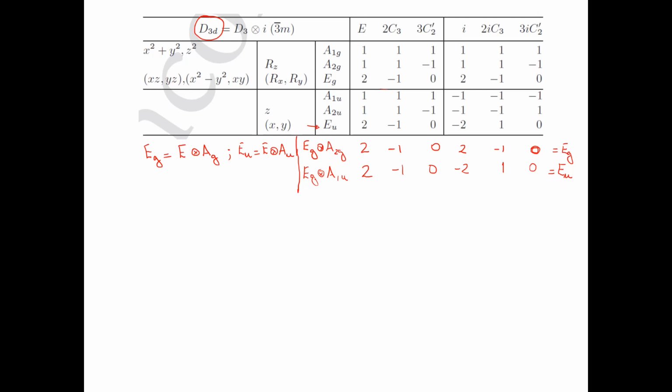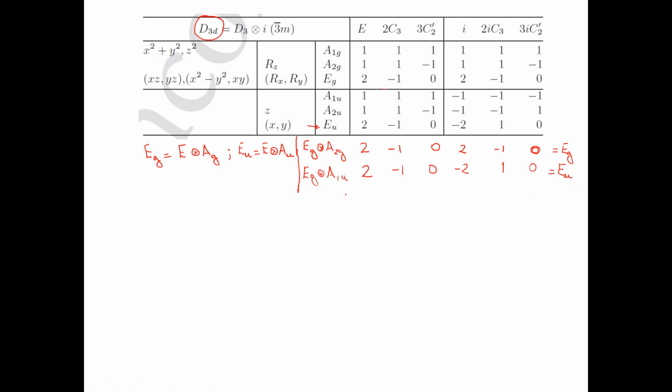And when you have the product of one even and one odd representation, then the result is an odd representation, or it can be decomposed in a sum of several odd representations. And when you have odd times odd, you also have an even representation.